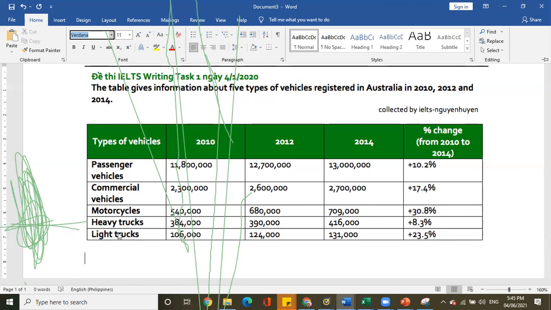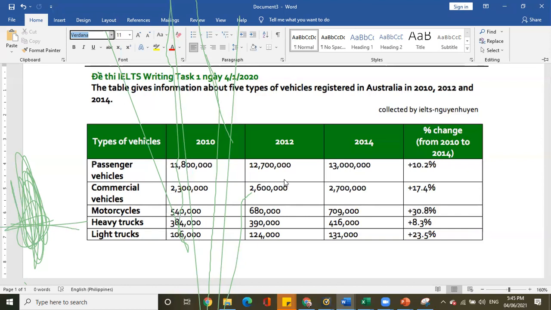I would assume these are like buses and these are like cars there. And then we can see in 2010, lots of passenger vehicles in Australia registered. Not too much on the cars and even fewer on these three there.